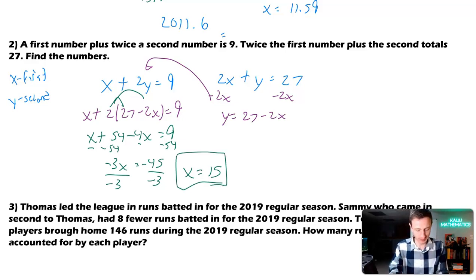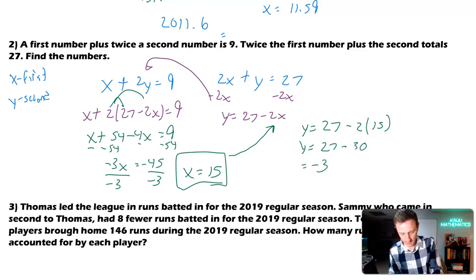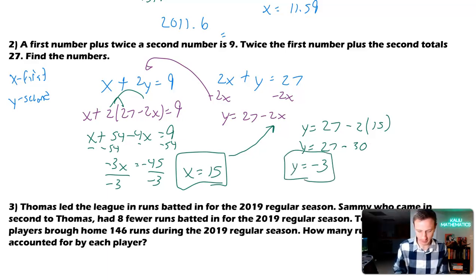So the first number is 15. Let's substitute that in: y equals 27 minus 2 times 15, so 27 minus 30, which gives us negative 3. So the first number was 15, and the second number was negative 3.